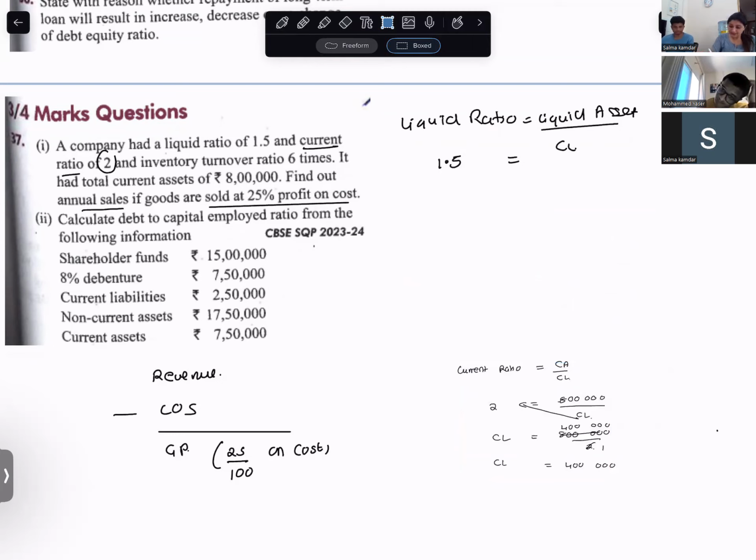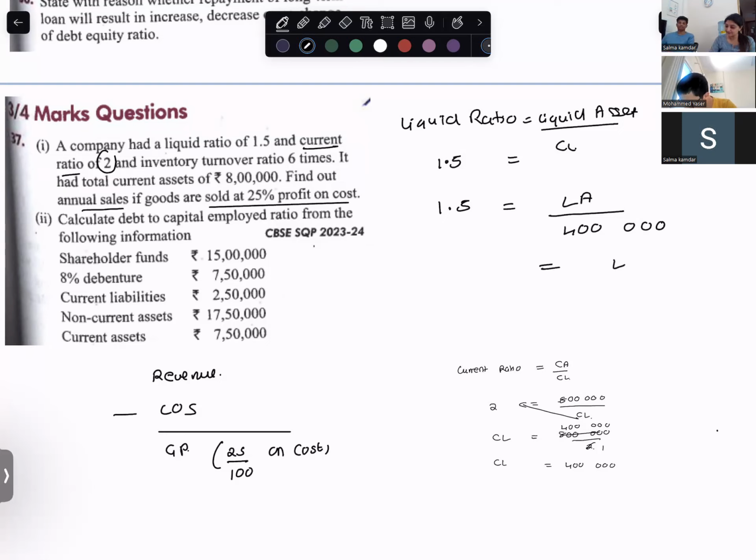Now I will substitute current liabilities in my liquid ratio. So 1.5 is equal to liquid assets over current liabilities. Current liabilities means 400,000. So find for me the liquid assets: 1.5 into 400,000.